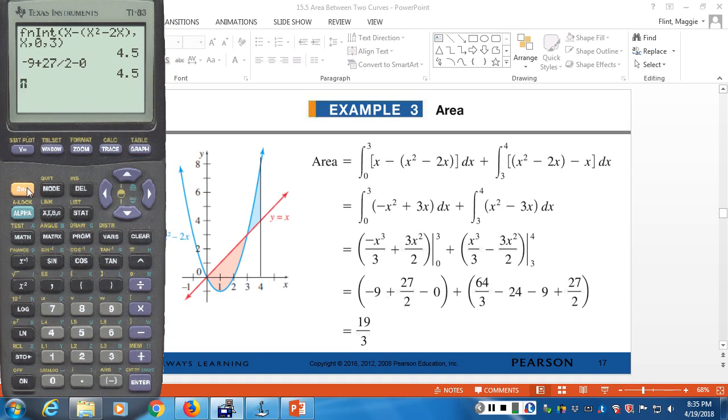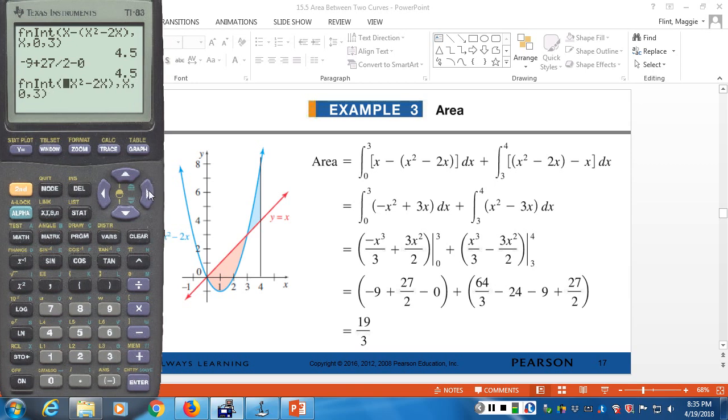So then we're going to do the next part, and we're going to change places. And y equals x comes second, and the quadratic comes first. And then our limits change from being 3 to 4.